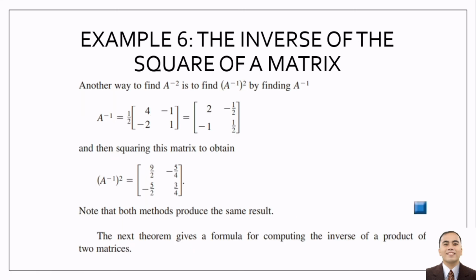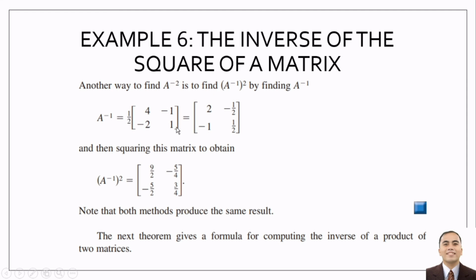Another way to find A raised to negative 2 is to find the inverse of A squared by finding first the inverse of A. The inverse of A is equal to 1/2 times 4, negative 1, negative 2, and positive 1. 1/2 times 4 is 2. 1/2 times negative 1 is negative 1/2. 1/2 times negative 2 is negative 1.